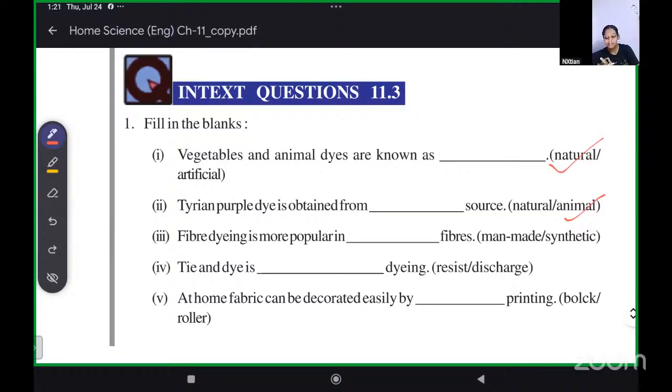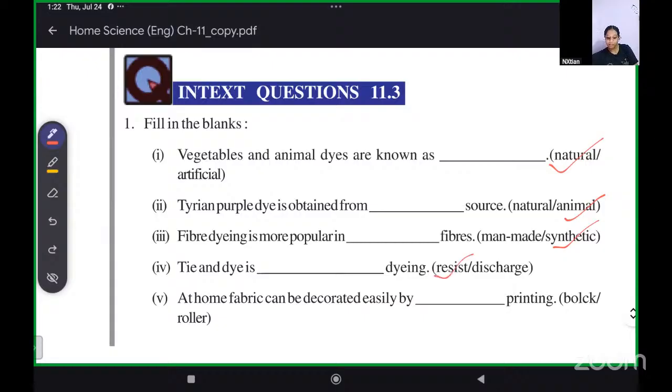Fiber dyeing is more popular in synthetic. Synthetic and man-made are also the same thing. Then tie and dye is dash dyeing: resist.